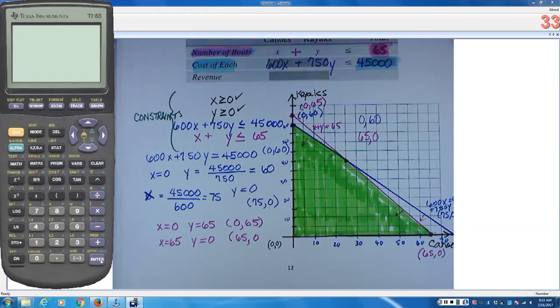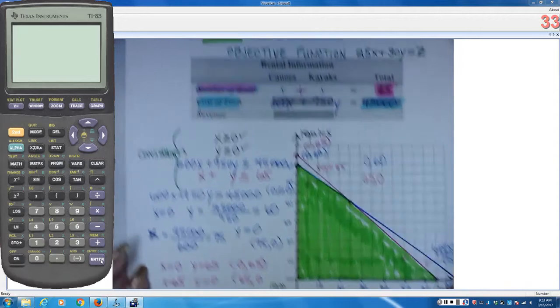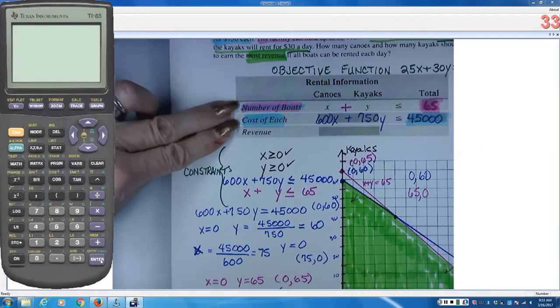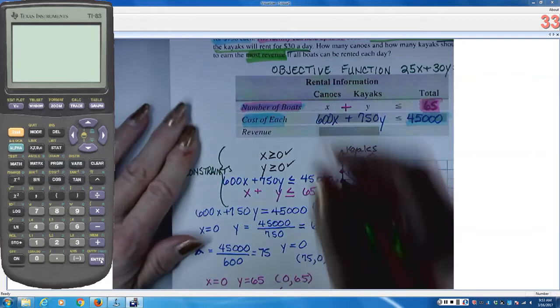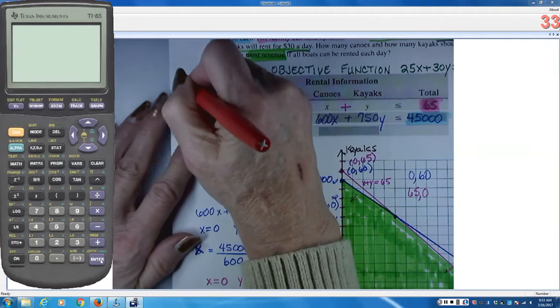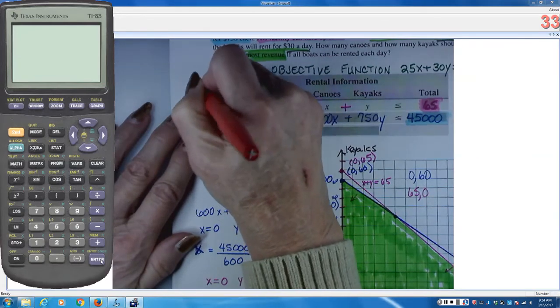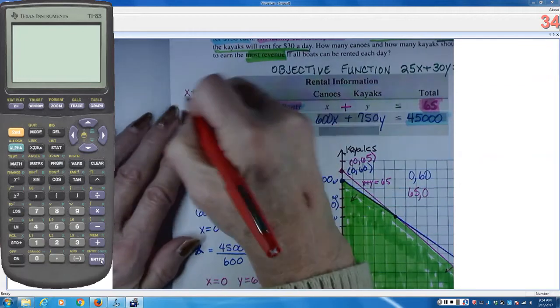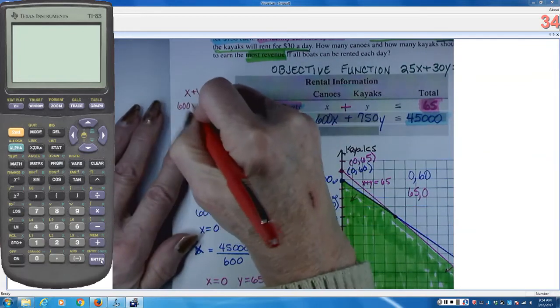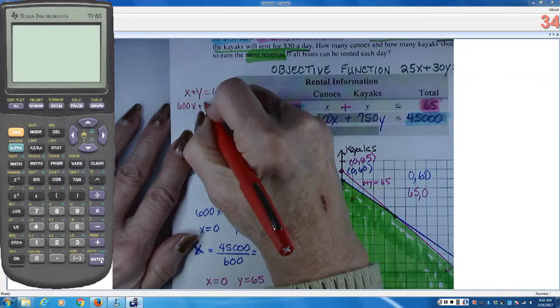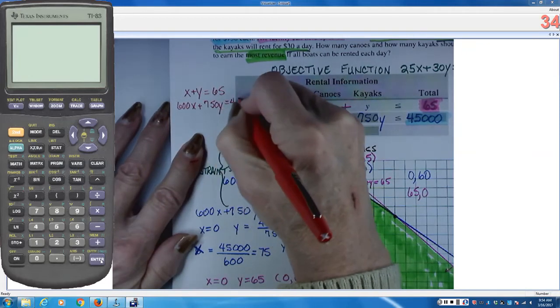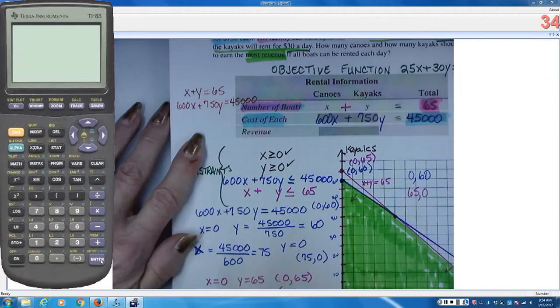So in order to find that one, I'm going to come back up here, take my two constraints and their boundaries, and form a matrix.